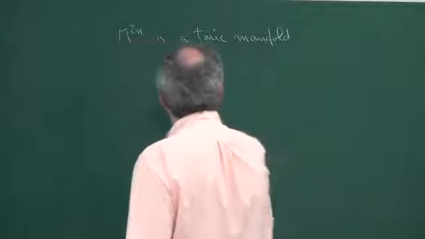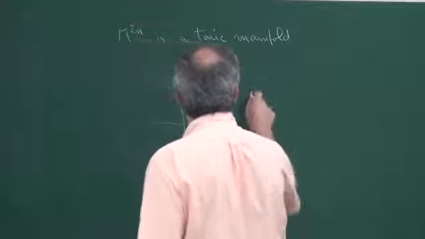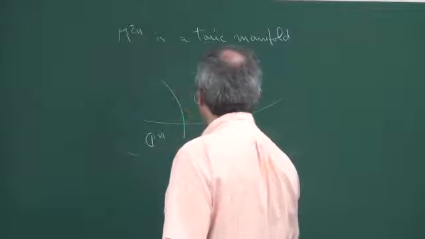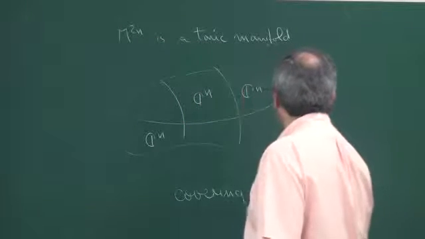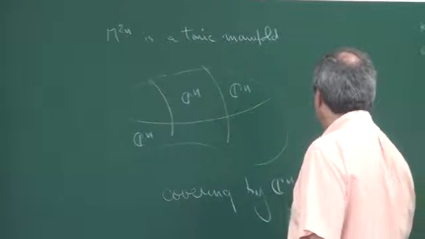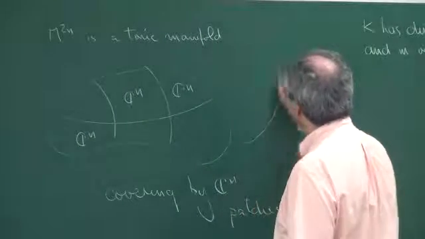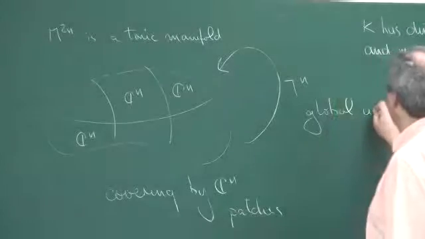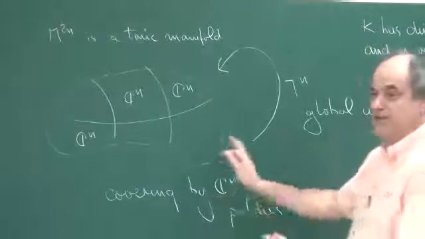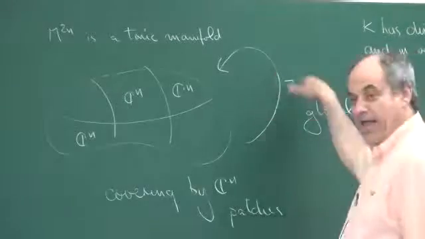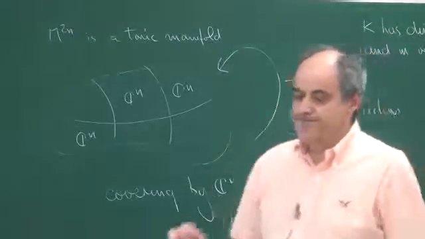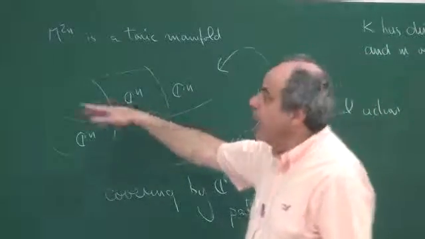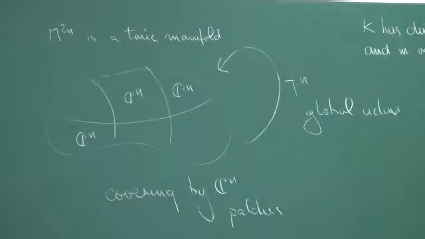So I have to have a covering by Cn patches. Now also, there has to be a global action of the n torus. So I have a covering by Cn patches. I have a global action of the n torus such that when I restrict this to this, I get this standard action, right?